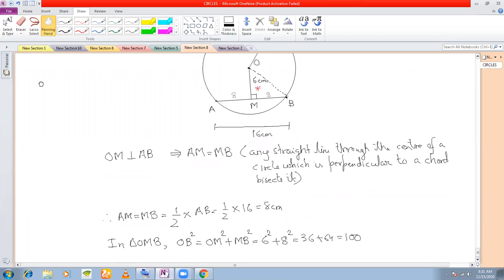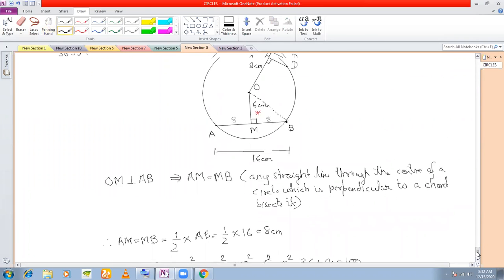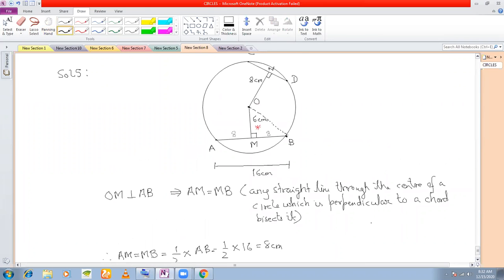So what is the length of OB? 10 centimeters. So you've got the radius of the circle. OB is the radius of the circle. Once we have got the radius, we'll join OD also with the help of a straight line.